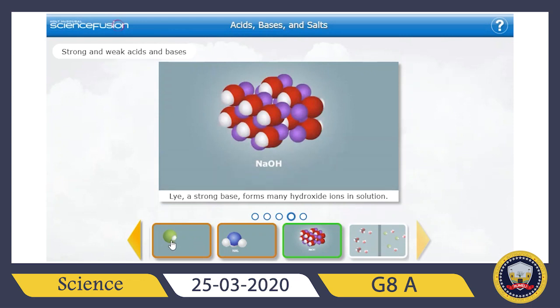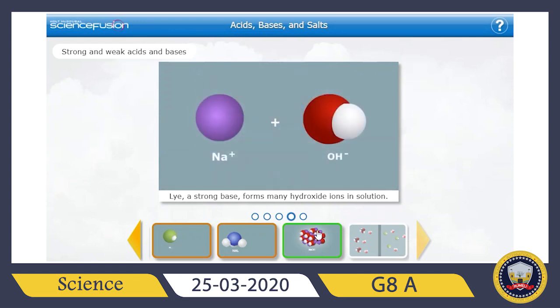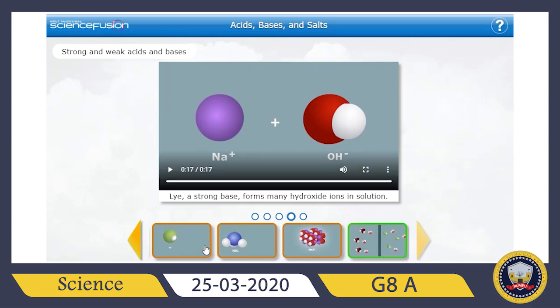Okay, so basically if an acid can increase the hydronium ions more, we call this a strong acid. If it is not that successful at increasing the hydronium ions, we call it a weak acid. And the same is correct for bases.